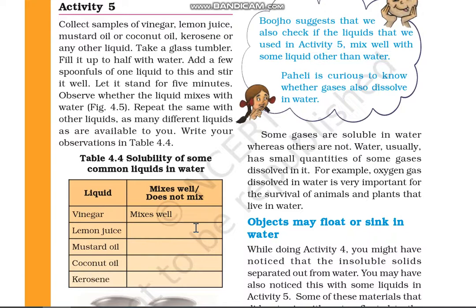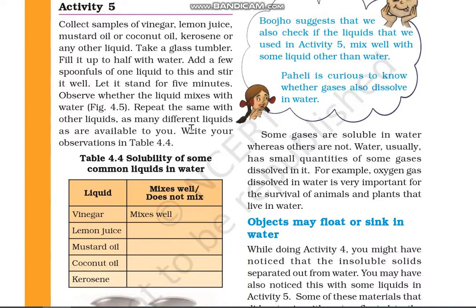Fill it with half water, add the liquid into this and stir, and put it for 5 minutes. So what will we observe? Some of the liquids will completely dissolve while the other liquids do not dissolve in water.